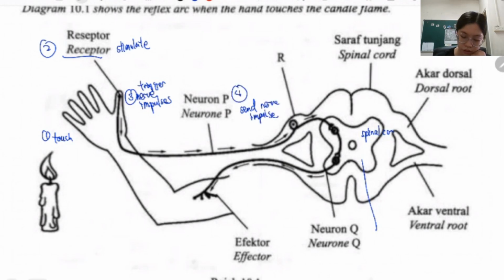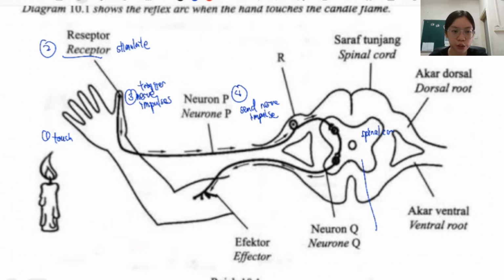This is the fourth point: through the sensory and the relay neuron to the spinal cord. And you can also mention the transmission of impulse across the synapse. That's another point you can mention.